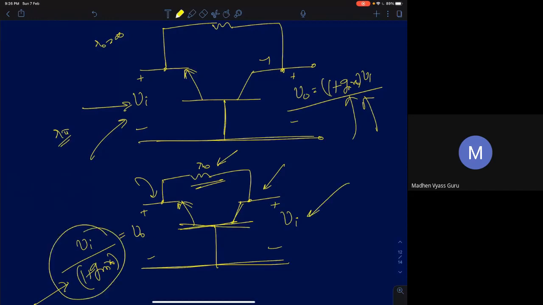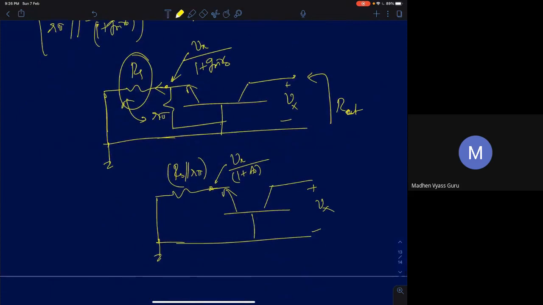I didn't derive this result, but it's very trivial to derive, and you can derive it yourself. Using that, you can derive the output resistance of a common base configuration intuitively. Look at the collector, where you are applying a voltage Vx. The voltage at the emitter will be Vx by 1 plus A naught.